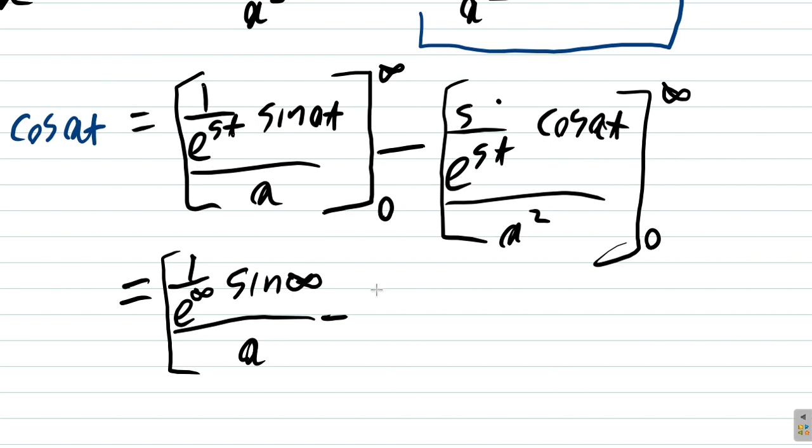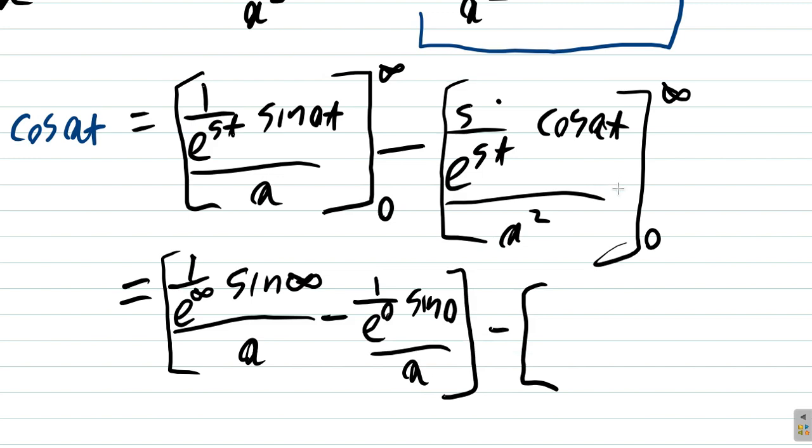Now we have, putting in 0 for this, 1 over e to the 0 sine 0 over a, minus, now let's put in the boundaries for this one.